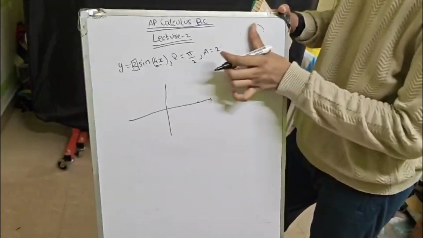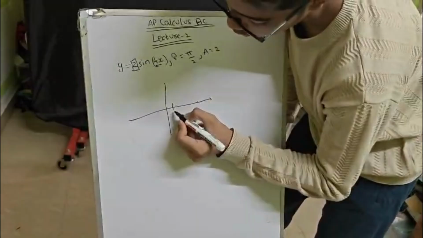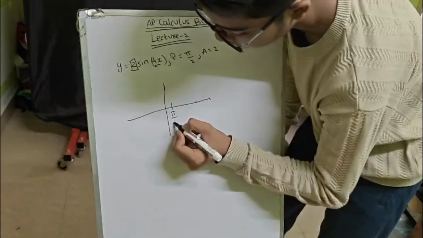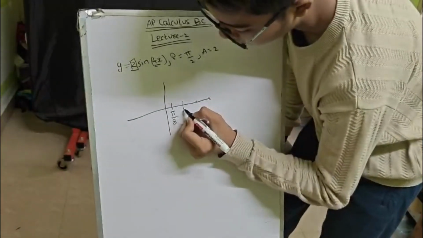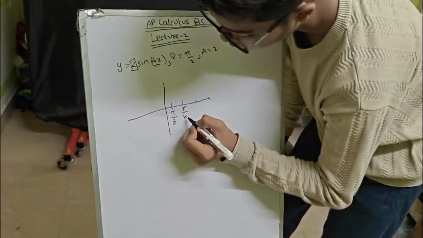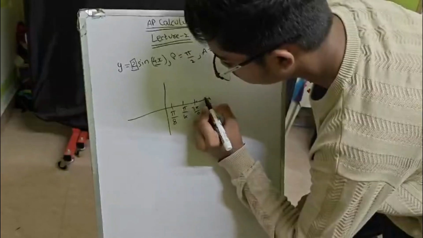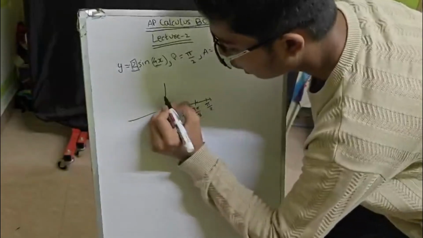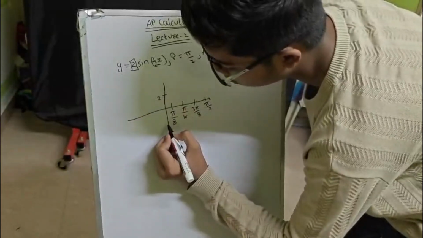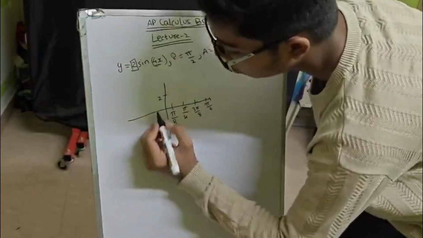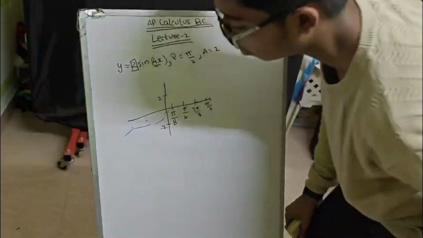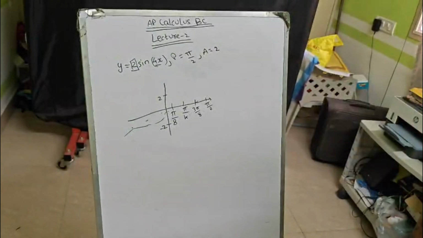So here what we do is we start with pi by 8, and then pi by 4, because 2 pi by 8 is pi by 4, and then 3 pi by 8, and 4 pi by 8 is pi by 2. And we know our amplitude is 2, not 1 this time. Minus 2, and same mirror, okay?